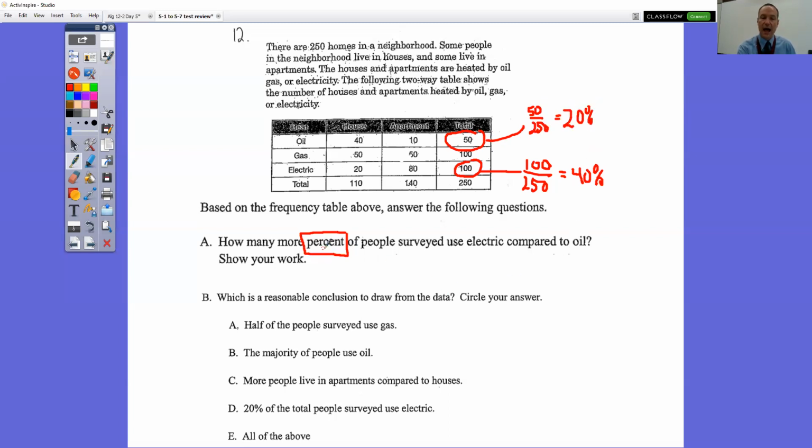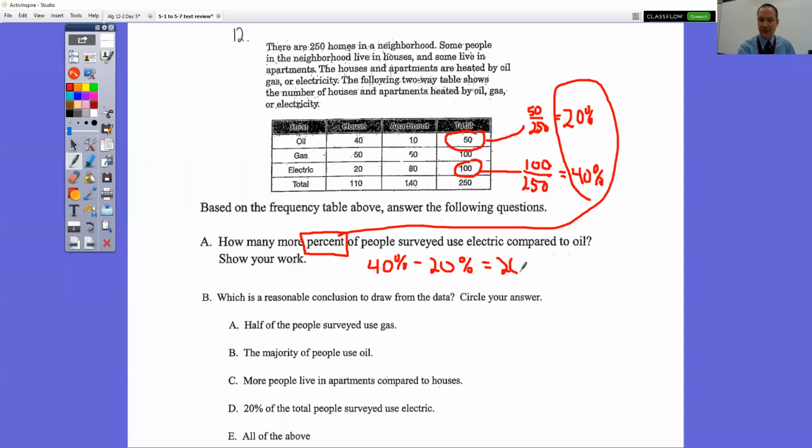So when it asks you how many more percent of people, we have to use these numbers, not these numbers. So 40% minus 20% gives you 20% difference. If it asks you about the number of people, then we would do 100 minus 50, which is 50. So you have to be careful here.